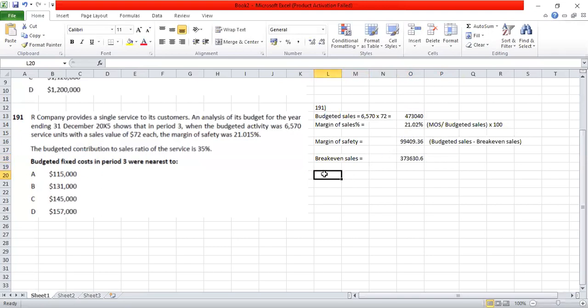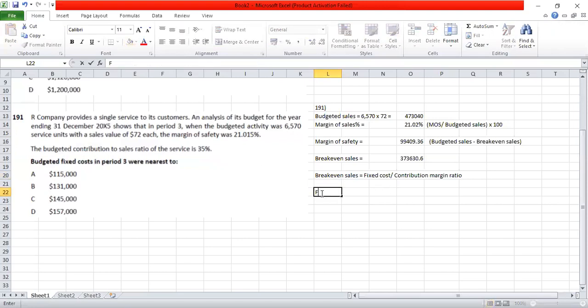We also know the contribution margin ratio, which is 35%. So we can find out the fixed cost. So break-even sales is equal to fixed cost divided by contribution margin ratio. That is 373,630.